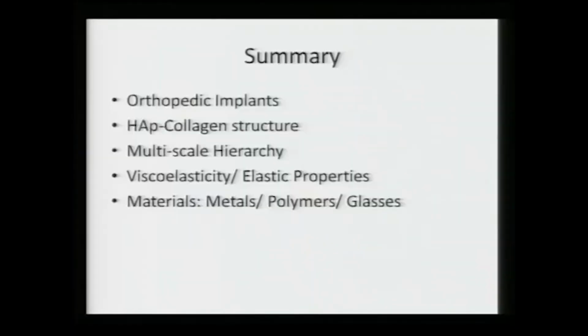So in summary, orthopedic implants are the ones which do not introduce any sort of adverse effect to the biological environment, and at the same time don't get affected themselves once they are inserted into it.